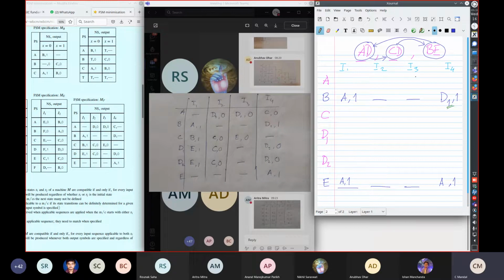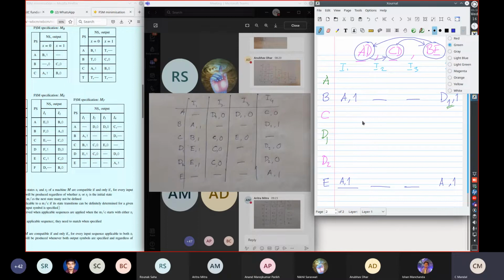All right. Now maybe we can put E and D1 in, say, green. A and D1, and then put in green. All right.